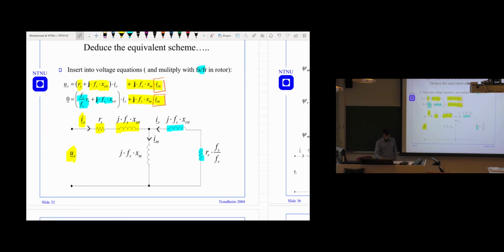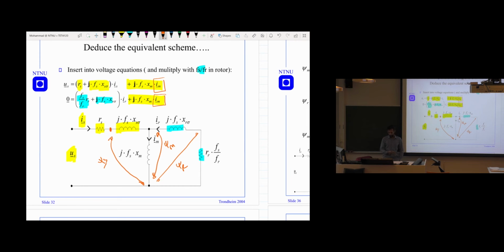The stator flux is here, this is the stator part, CS. The rotor one is here, CR. And the magnetizing one, CM, is here.